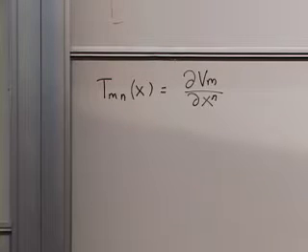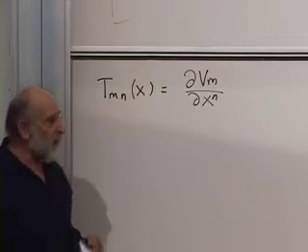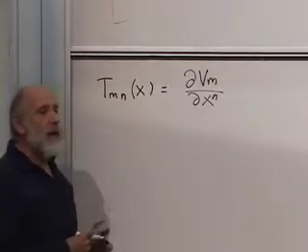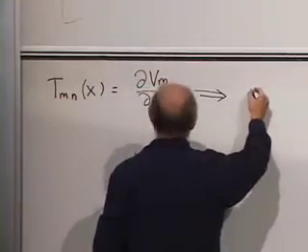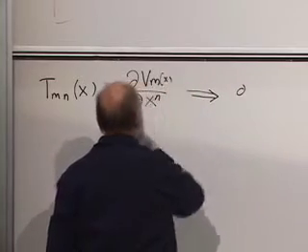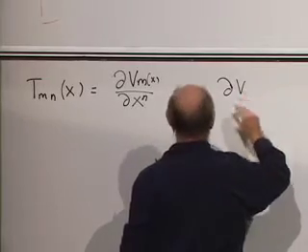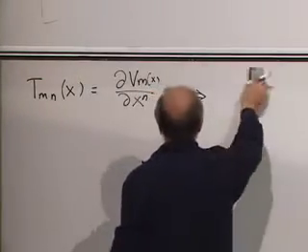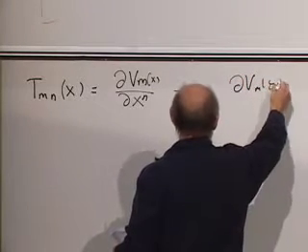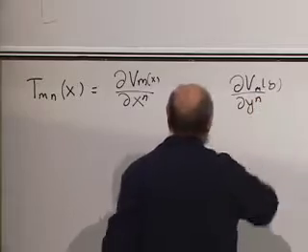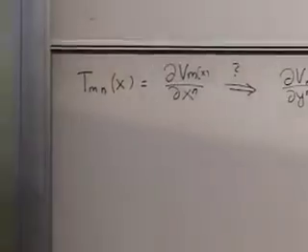Then the question is, what must it be in the y-coordinate system? And in particular, when you transform it as a tensor, does it or does it not become the derivative of v of y with respect to yn? Question. And the answer, as you might guess, is no.